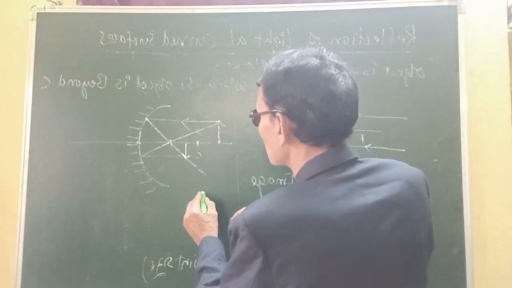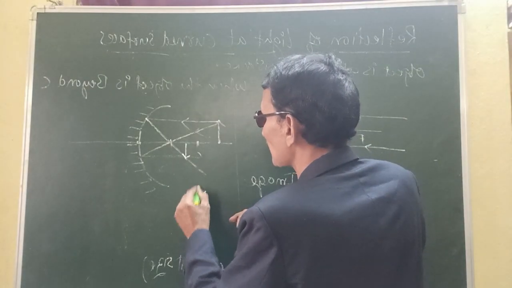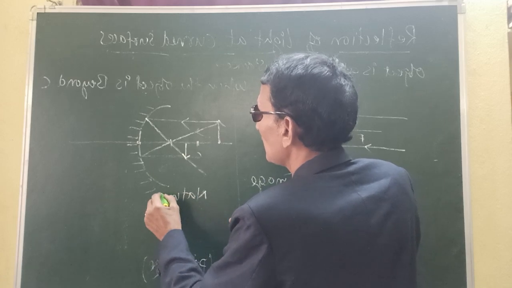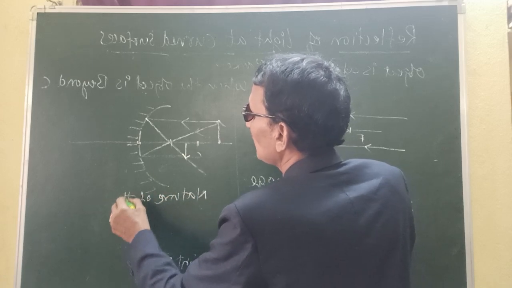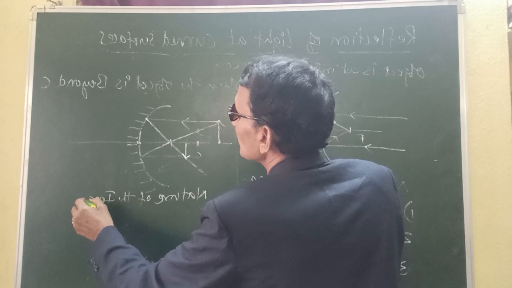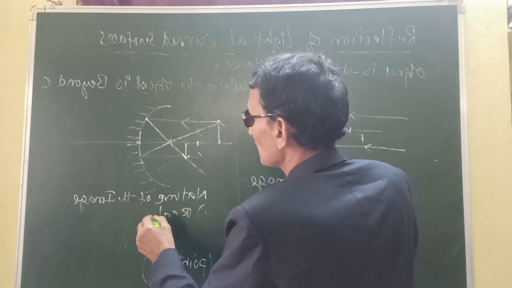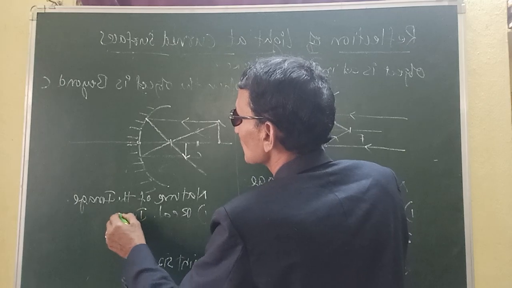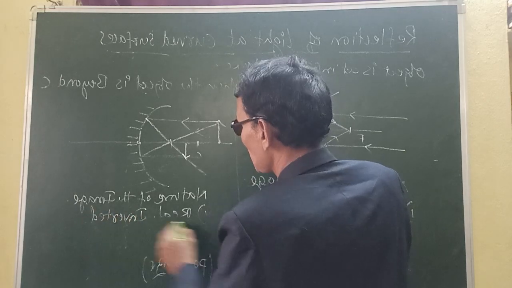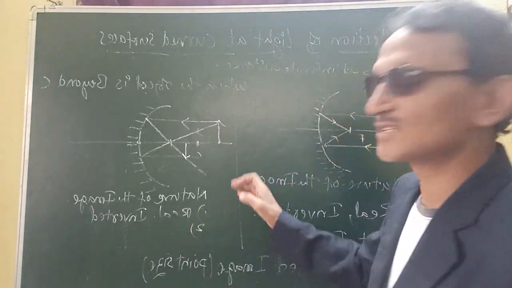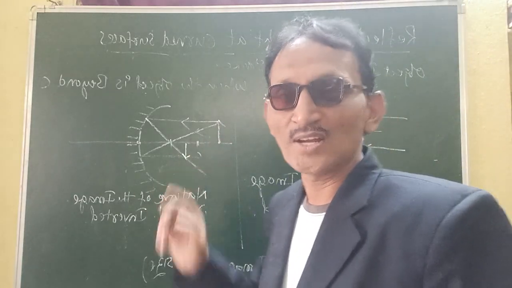So what is the nature of the image? First one, it is a real inverted image. Now where is it formed? It is formed between C and focus.